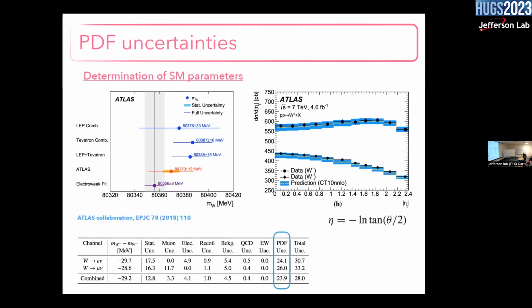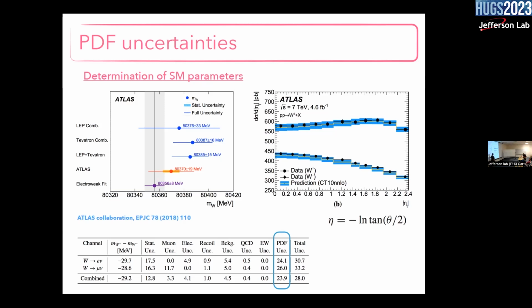Another reason is that whenever you want to extract quantities, like for example the W mass from the data at the LHC, again, they do some kind of fit like the one I was showing you before for alpha S, but it's a much more complicated game. And they have several systematics that come from uncertainties.